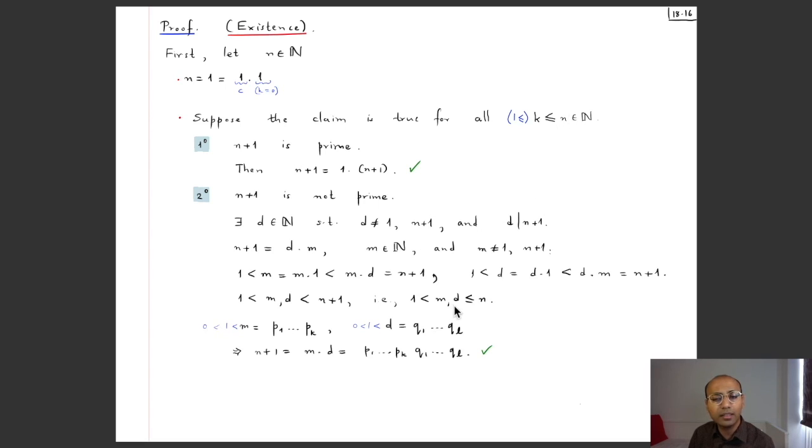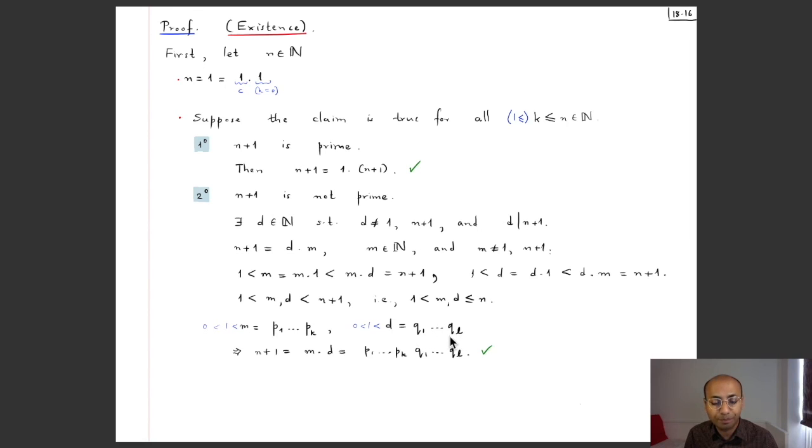So by the induction hypothesis, we know that they can be expressed as a product of primes, and the C is equal to 1 because m and D are both positive, right? And also we know that there are primes because this m is bigger than 1 and this D is bigger than 1. So you have that m is equal to P1 times Pk, some k primes might be there, and D is some Q1 to QL for some L primes.